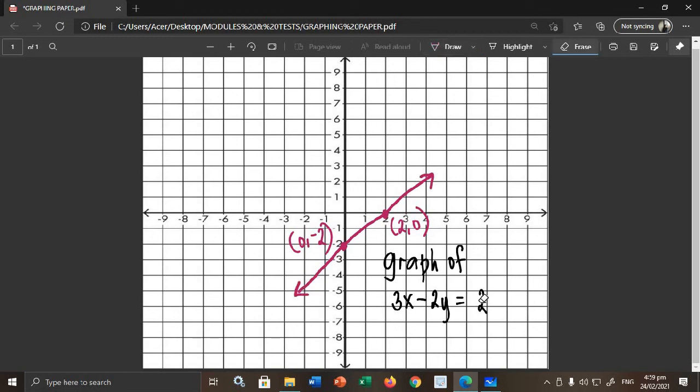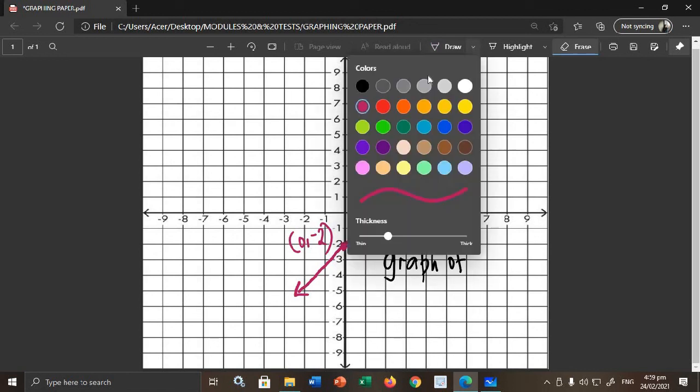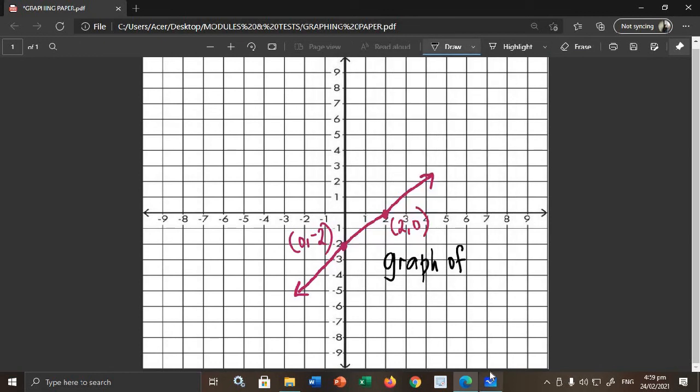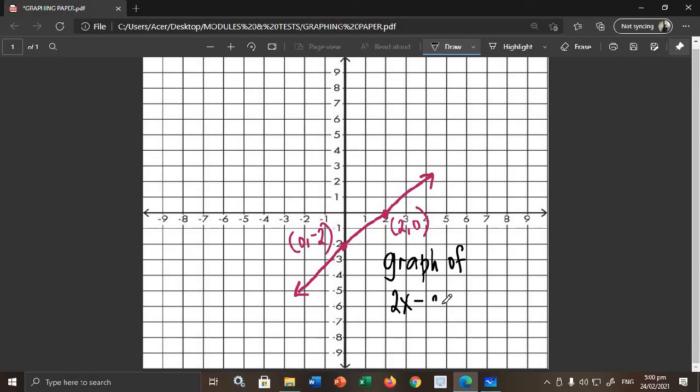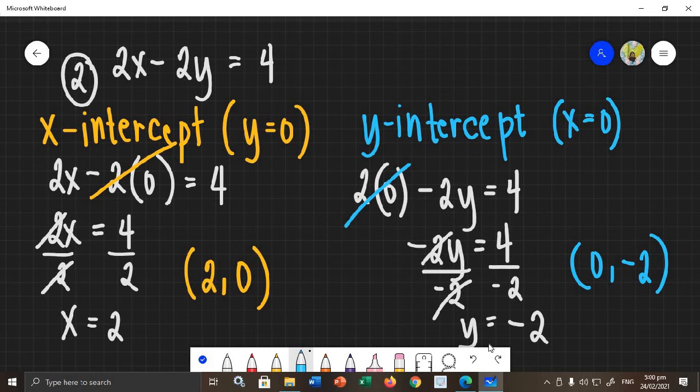And this will be now the graph of the given linear equation, which is 2x minus 2y equals 4. So that's it. That is how you graph linear equations using intercepts.